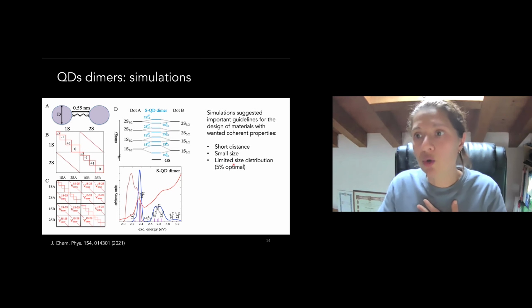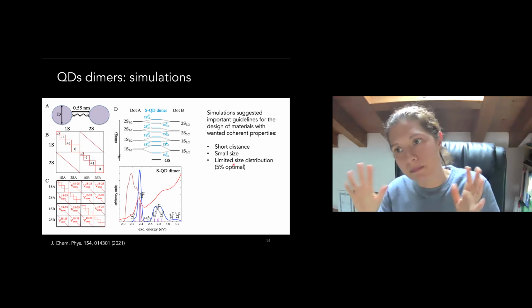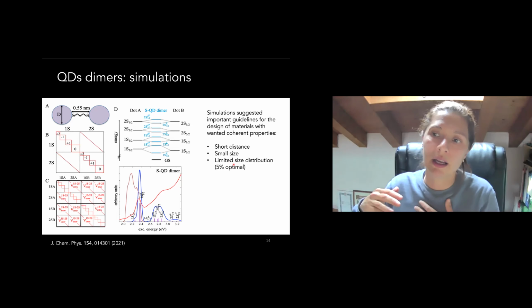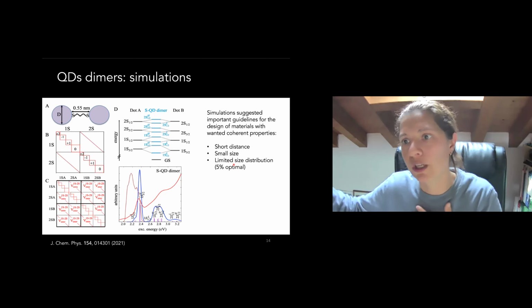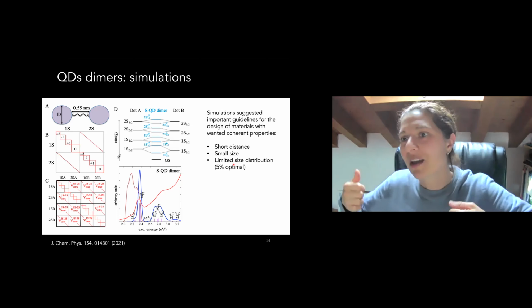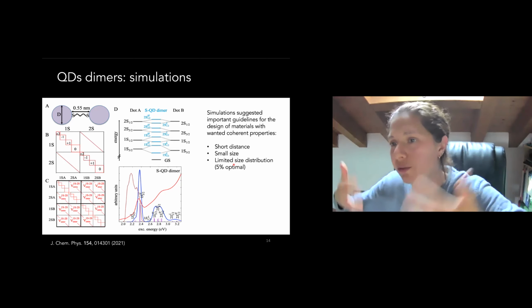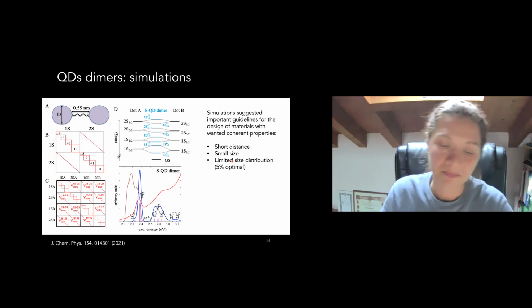A size distribution broader than 10% may give some problems in the detection of coherence, because of the phenomenon known as fake decoherence, where coherences with different frequencies actually overlap and then get washed out.